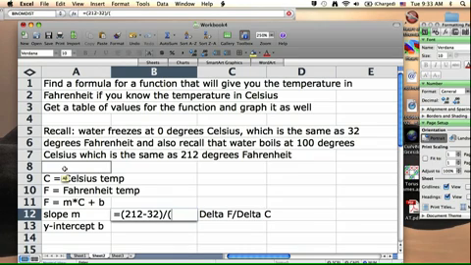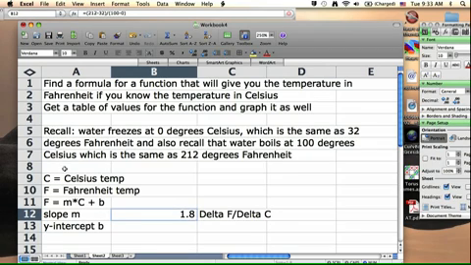C goes from 0 to 100, so the change in C is 100 minus 0. Notice you need the equal sign if you want it to do math. Notice again the parentheses, order of operations. I need the parentheses so that the subtractions are done before the division. If I didn't have those, the division would be done first. So I need that. There we go.